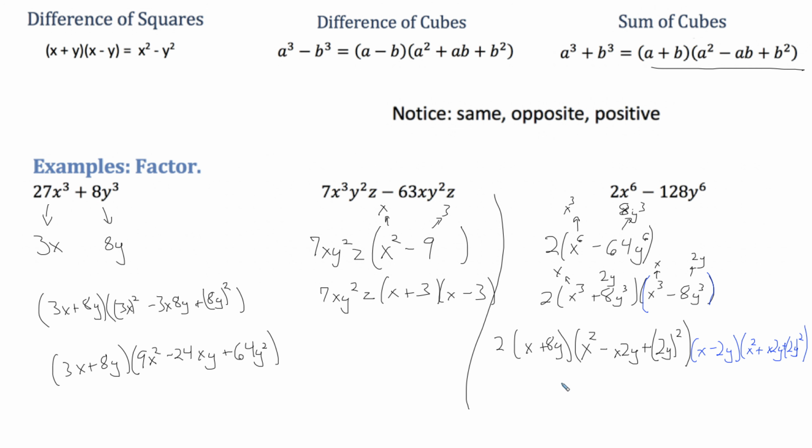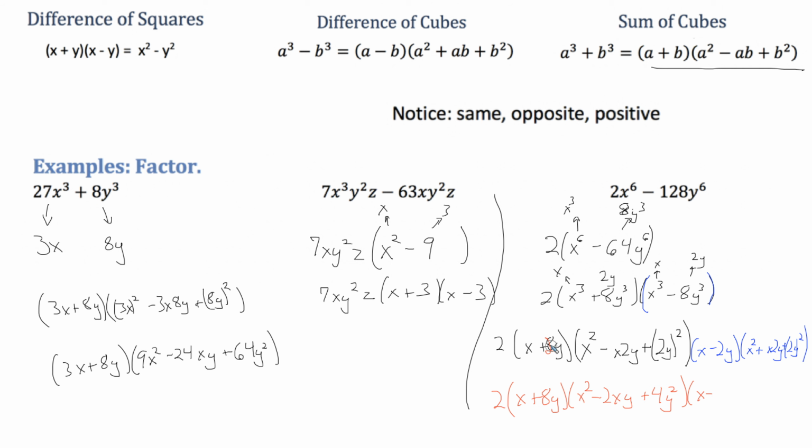That takes care of this one, and so let's write our final answer here. We'll go ahead and write that in red. We have a 2. We have x plus 8y, x squared minus 2xy plus 4y squared times x. You know what? This 8 is wrong.